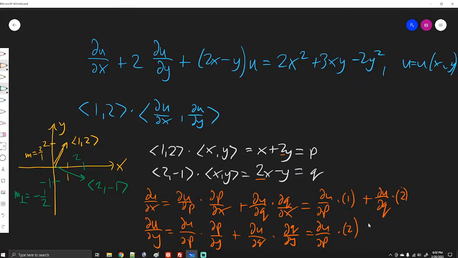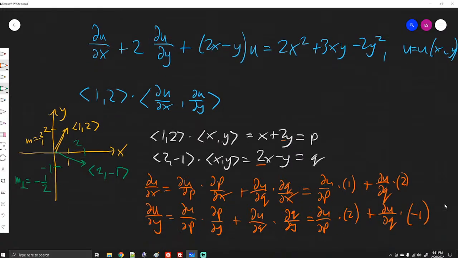And now, plus partial of u partial of q times the coefficient of y in q, which is going to be a negative 1. So, negative 1.